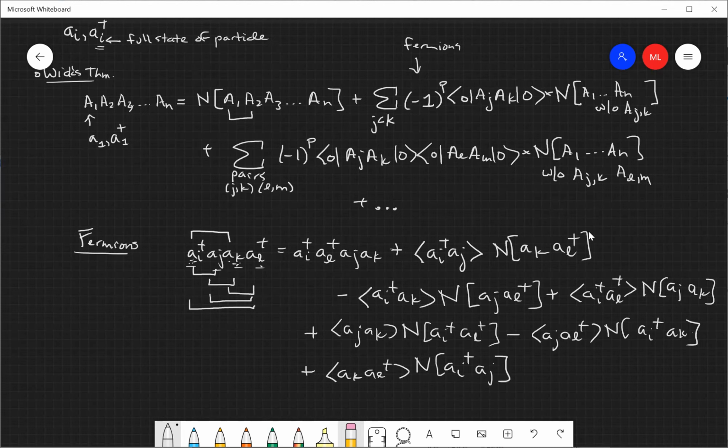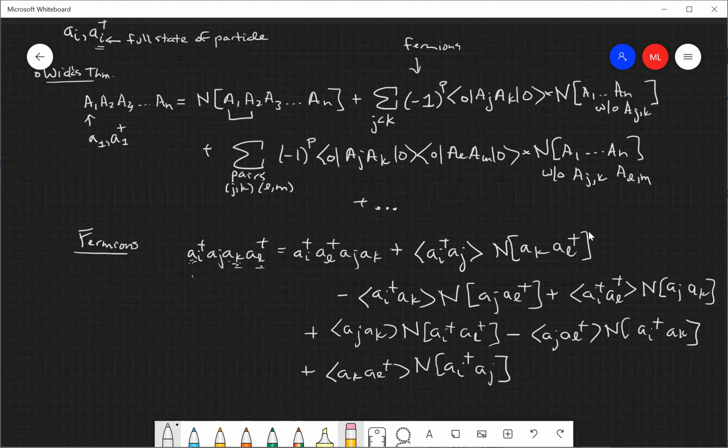And now you, of course, have all the fully contracted ones. There's 4 operators here. So the next term is the one where everything gets contracted, and there's 3 terms like that. And the way you can draw those terms is just pair off all the operators, and you can again use these lines to kind of indicate that.